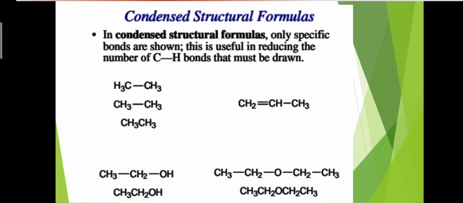Condensed structural formula. In condensed structural formula, only specific bonds are shown. This is useful in reducing the number of C-H bonds that must be drawn. CH3CH3 for ethane, and in condensed formula it is written like this. It is the formula of propene, CH2=CH-CH3.